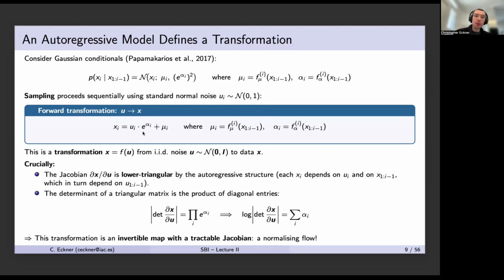This you then transform into the next variables, which are the parameters of your problem, via this transformation of shifting your initial variable by mu and scaling it by e to the power of alpha, which produces exactly what I said: conditionals in terms of normal distributions with shifted and scaled parameters.